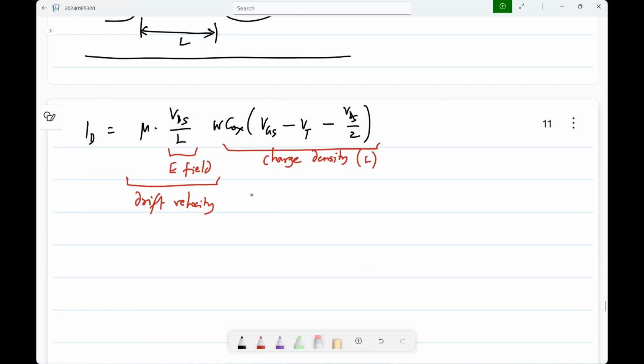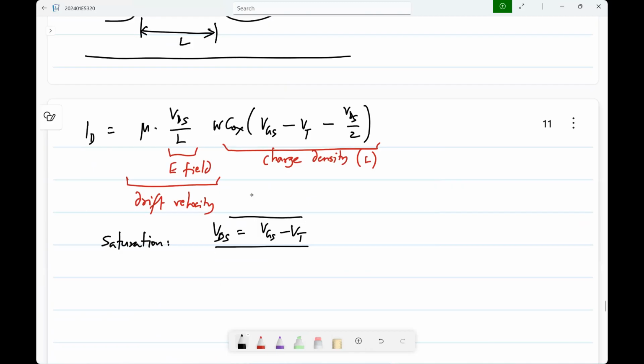There is that pinch off point. At the end of the channel, what you would have will be exactly VGS minus VT. Okay. So that's how you get, when you multiply the two together, the saturation current to be mu Cox W by 2L times VGS minus VT square. Okay.